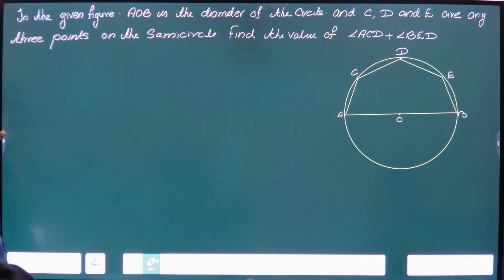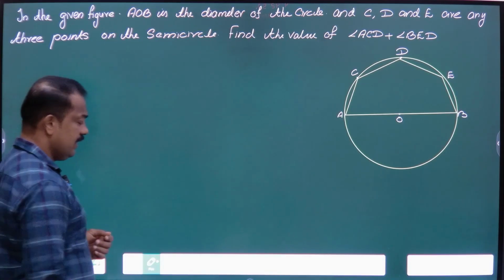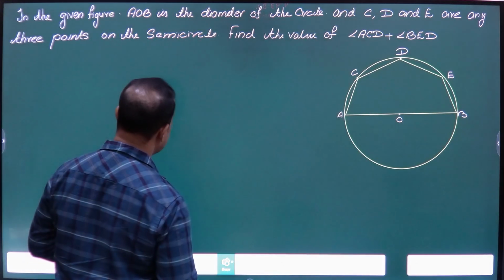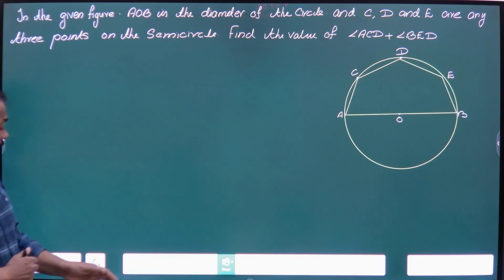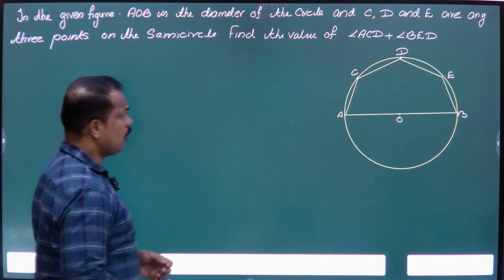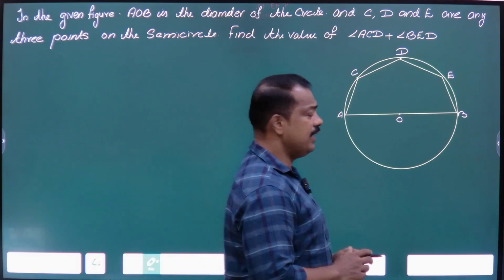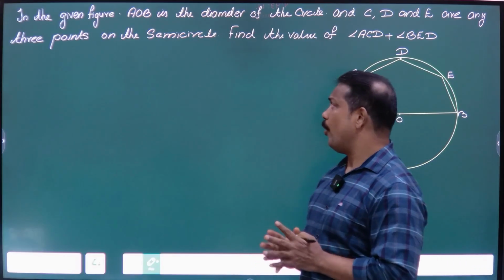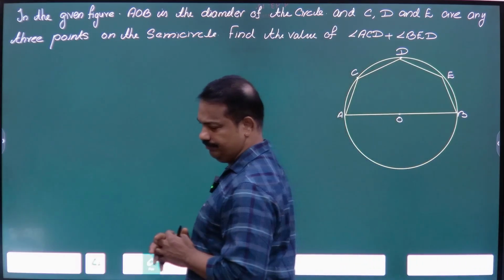In the given figure, AOB is a diameter of the circle, and C, D and E are any 3 points on the semicircle.